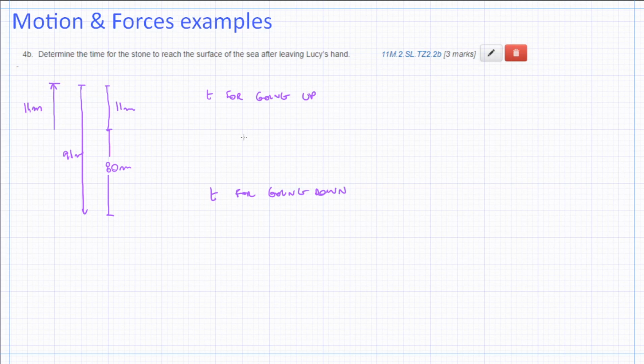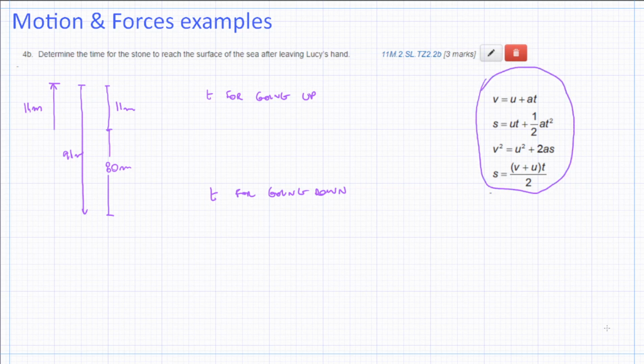Then we have to look at our SUVAT equations again. So I've put them here, right? Which equation would be the most appropriate for us to use in order to solve this question? We're looking for time now, so this one won't do, right? And if we're going up, do we know initial velocity, final velocity, and acceleration?